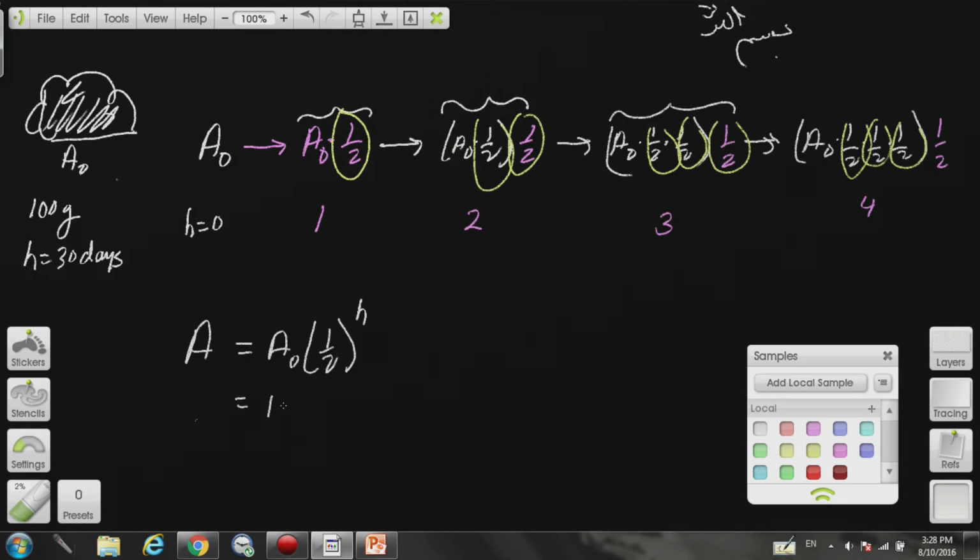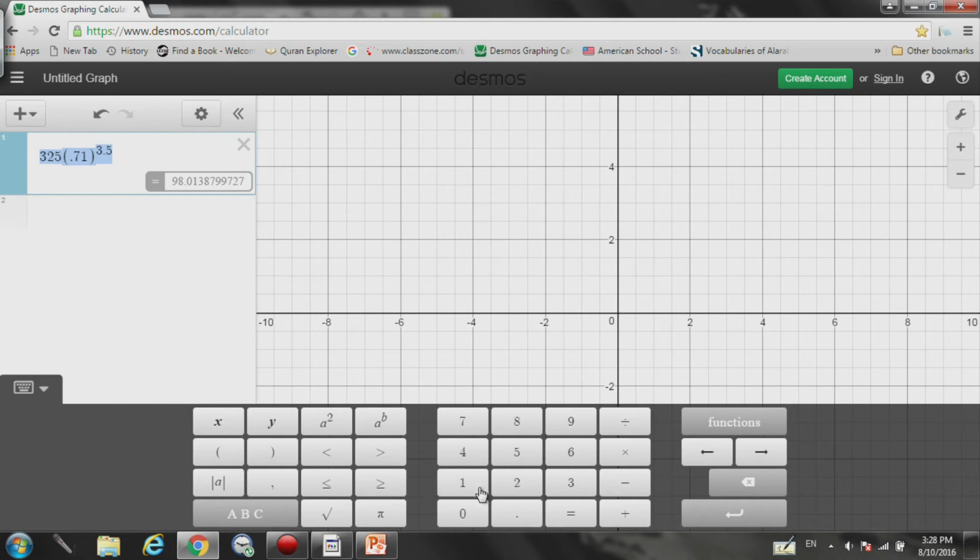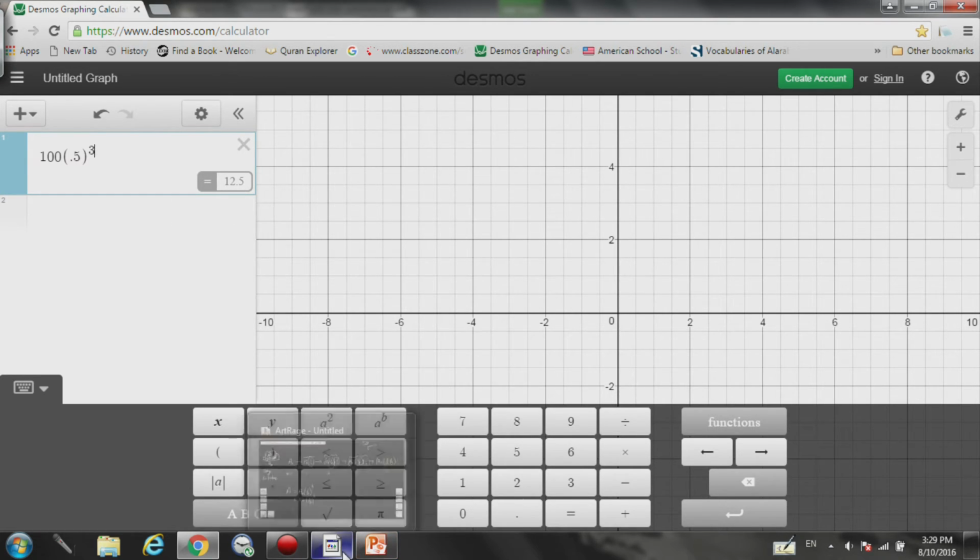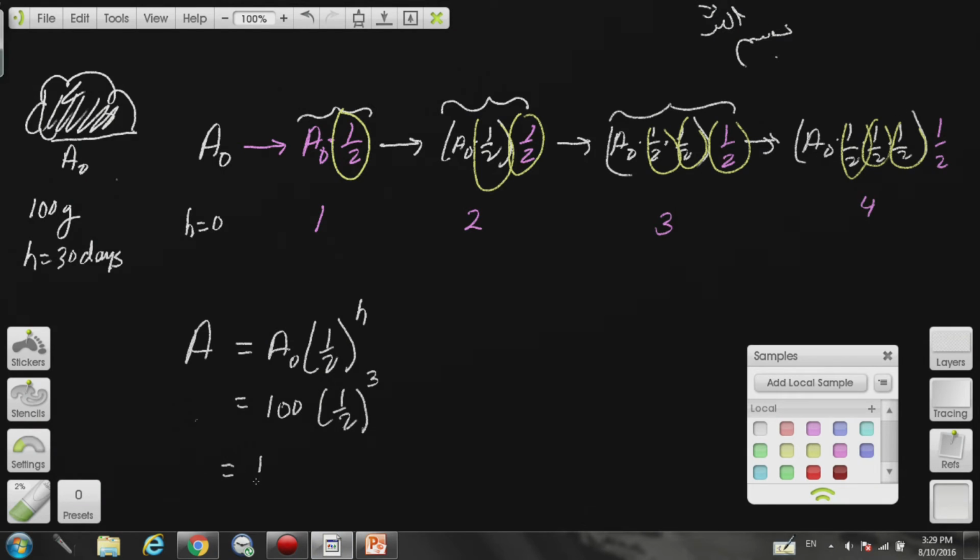Initially I had 100 grams, and 0.5 to the exponent of 3. After 3 half-lives, it would be 12.5 grams remaining.